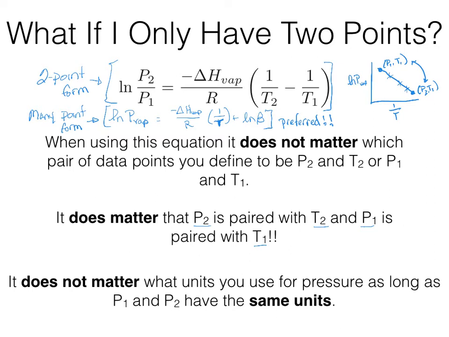It also does not matter what units you use for pressure as long as the pressures have the same unit. Now, temperature must be in Kelvin. This is because of the R term, the ideal gas constant, which has units of joules per Kelvin times mole. Our temperature has to be in Kelvin so that the Kelvin of the ideal gas constant will cancel out.